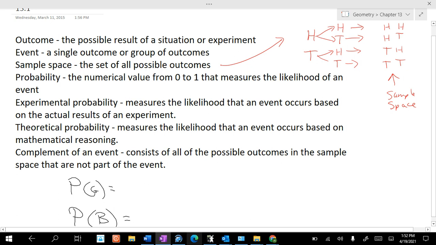Experimental probability is actually doing something, like rolling a die. Okay? If I roll a die 6 times, is one number going to happen to come up more than once? Probably. The theoretical probability is each number should occur only once if I roll it 6 times. I should roll a 1, then probably a 2, then a 3, and so on.